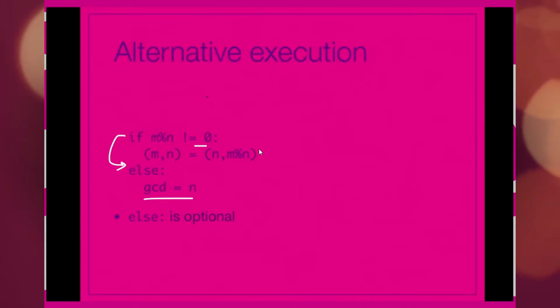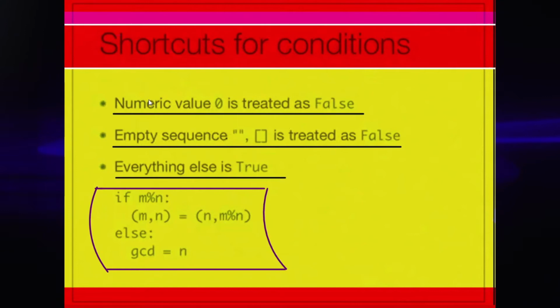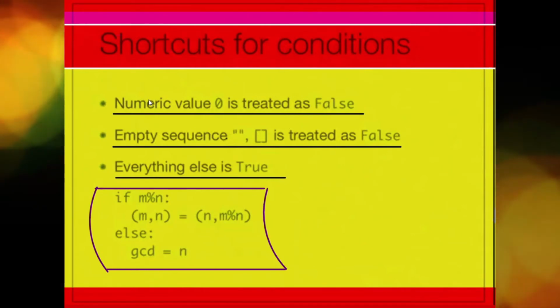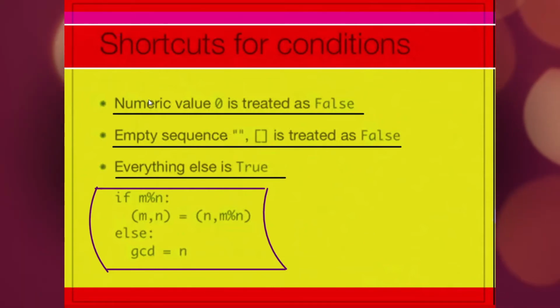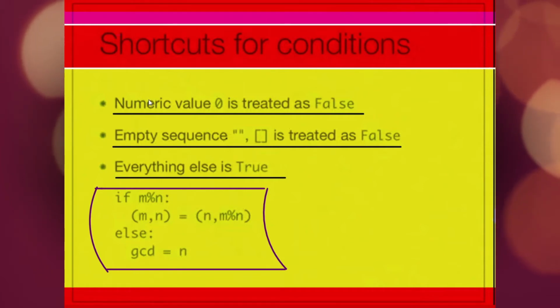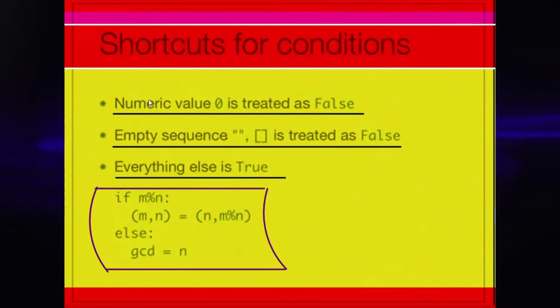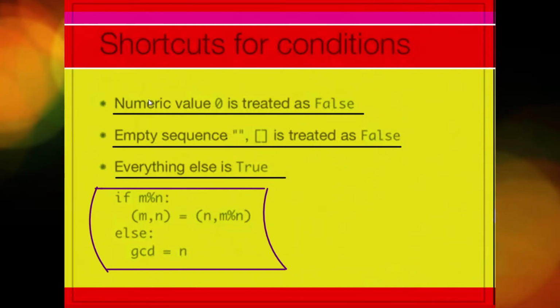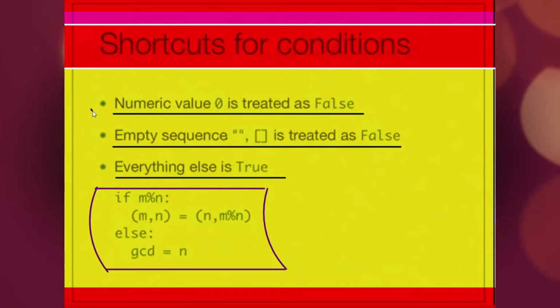Now let's see this practically. Before starting our program practically, let's see the shortcut for the conditions. You need to remember this. Whenever you put 0, it means false, and whenever you put 1 or any non-zero value, that is true. I explained this in the previous video also: non-zero values are true and a 0 value is always false.